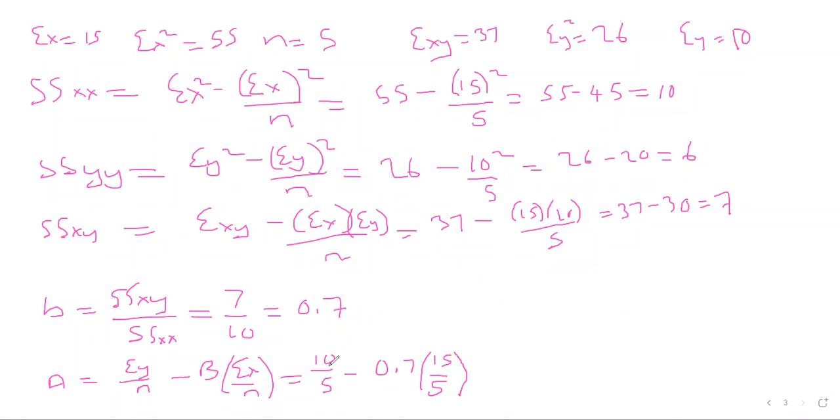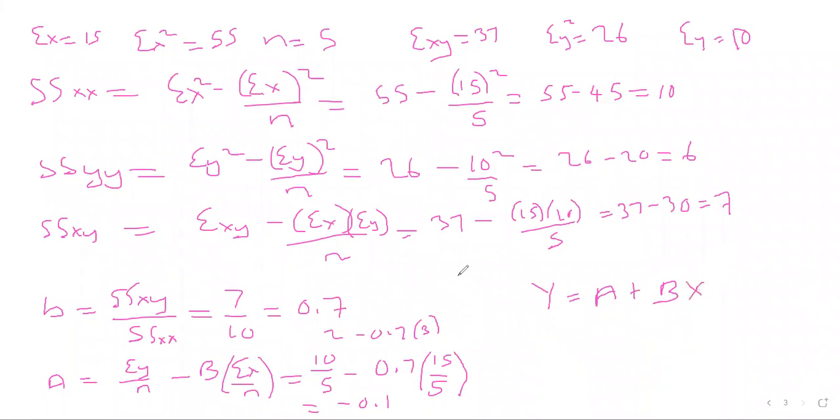So 5 into 10, we have a 2. 0.7 times 3, we have 2.1. So in practice, you get negative 0.1. That is our A.